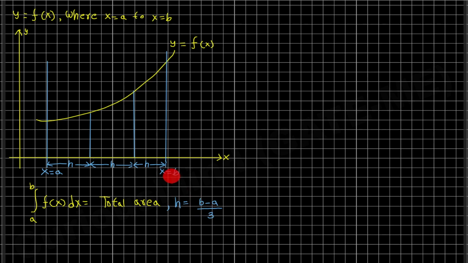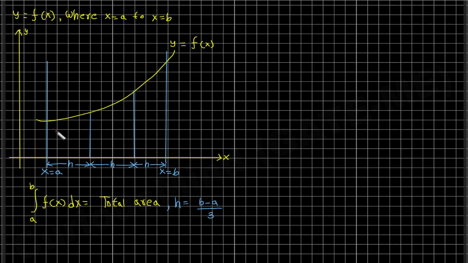Because b minus a is the total width over which the domain of the function f(x) varies, and we considered three subintervals.